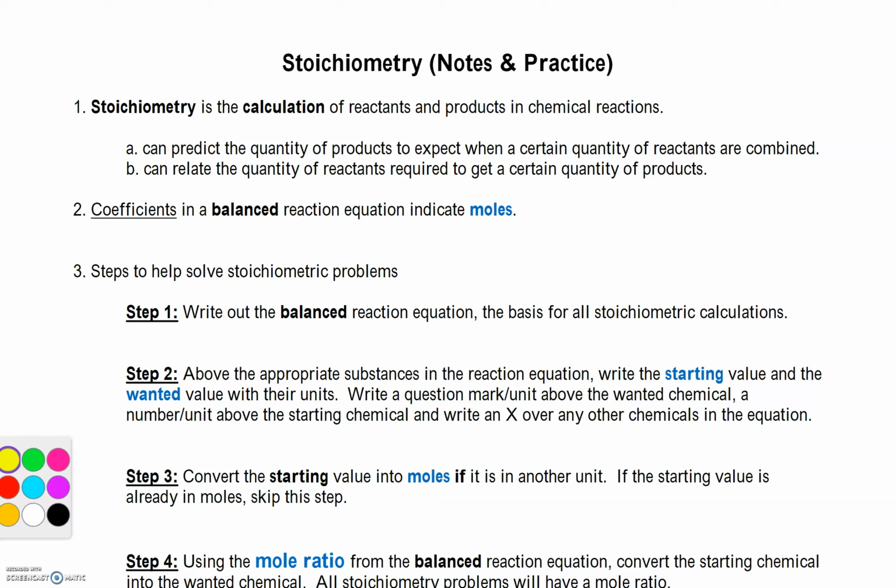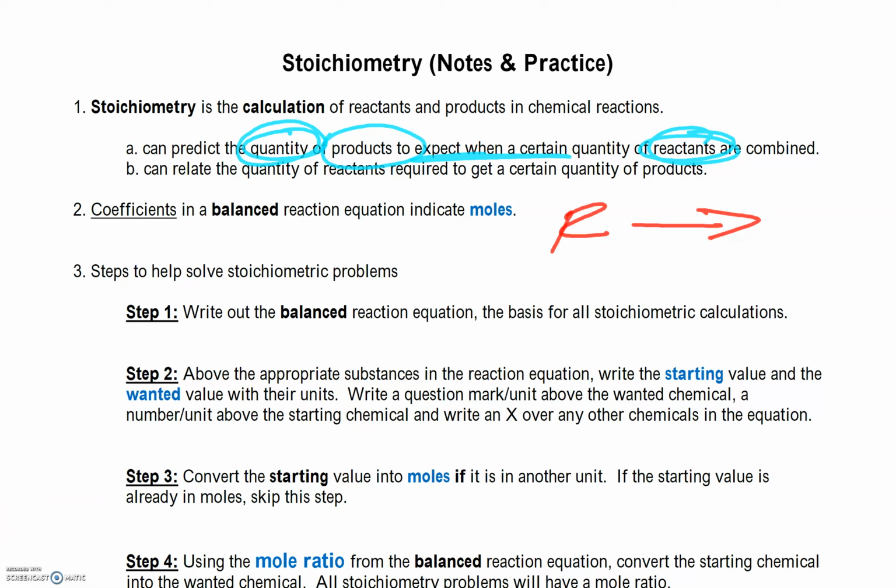We're going to be looking at things that focus in on A and B. So predict the quantity, so that's an amount of products that we expect to get based upon how many reactants. If you've forgotten, the reactants are just your starting chemicals over here on the left, and your products are your ending chemicals over here on the right.